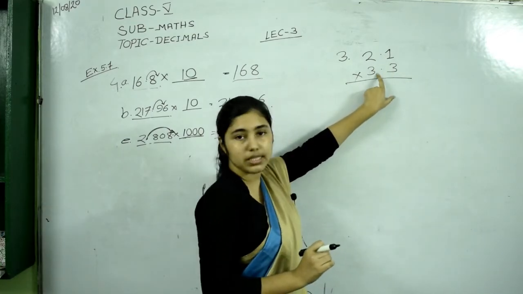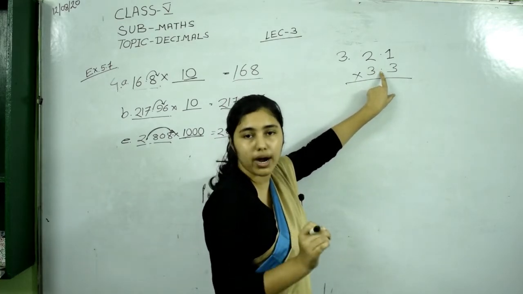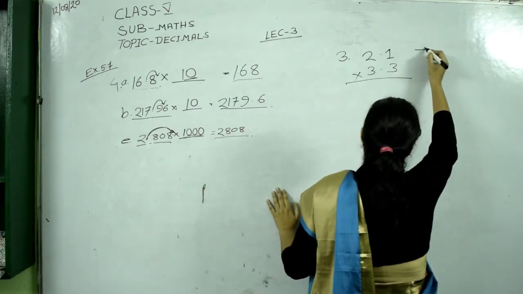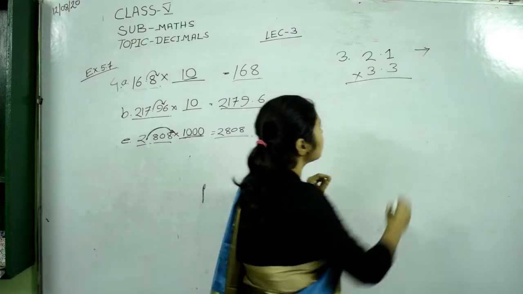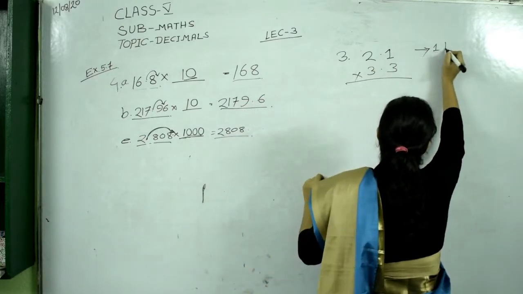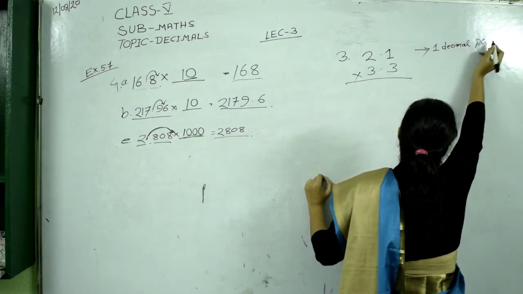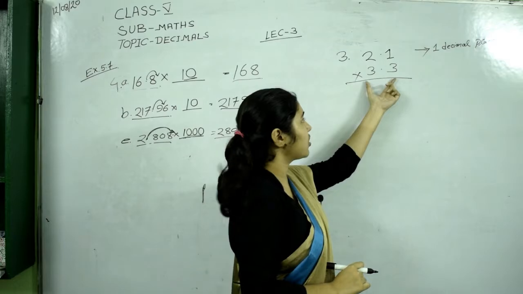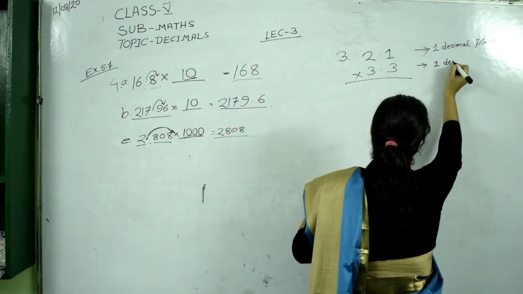And this number 3.3 also has 1 decimal place.